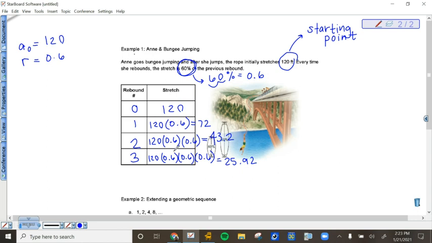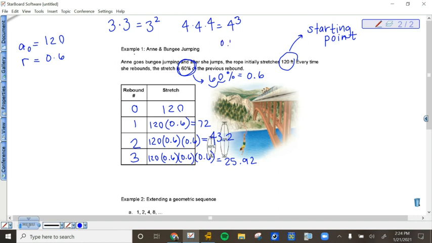So let's think about each of these in a little bit of a different way. When I have something like 3 times 3, what's another way I can write that with exponents? 3 to the power of 2, 3 squared. Or if I had 4 times 4 times 4, what would that equal? Yeah, 4 to the power of 3, 4 cubed. So the same thing's going to happen here.